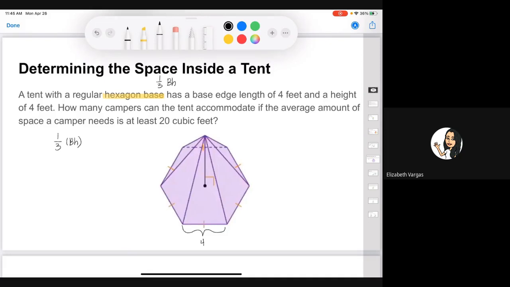Okay. So let's go ahead and identify this.